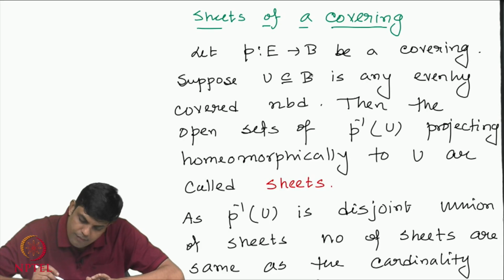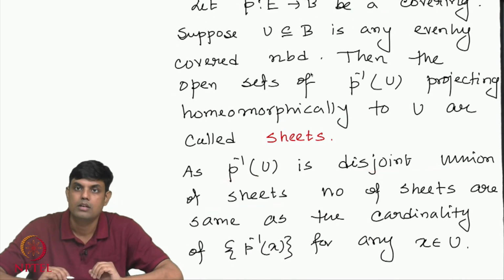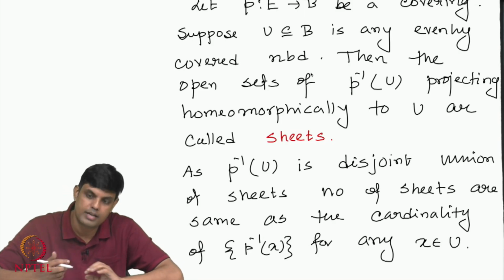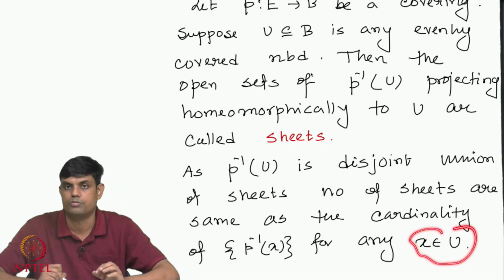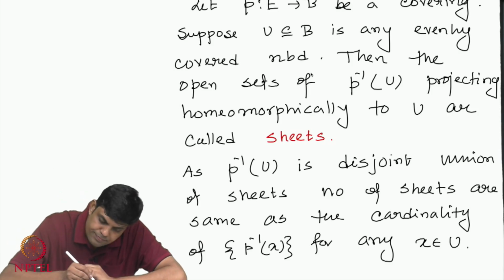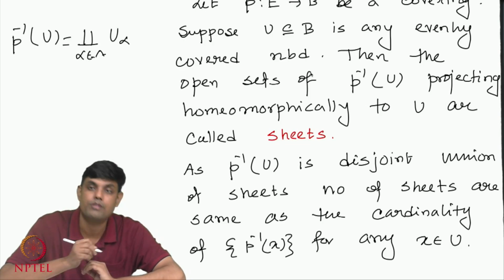Now, as P inverse U is a disjoint union of sheets, the number of sheets is of the same cardinality for any x in U. So, why is that true? First of all, P inverse U is a disjoint collection of sheets, let us say U alpha.